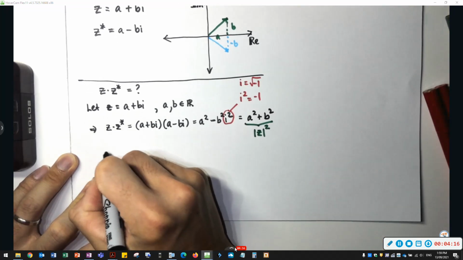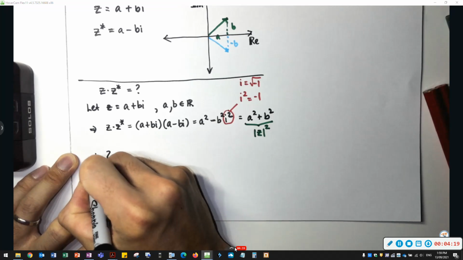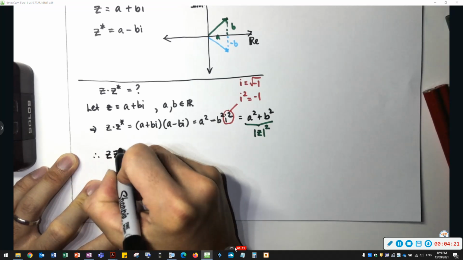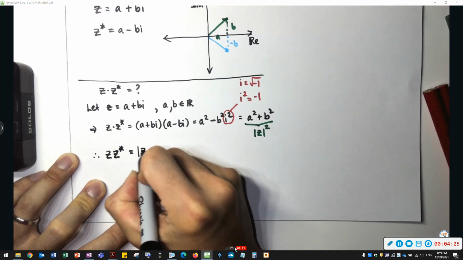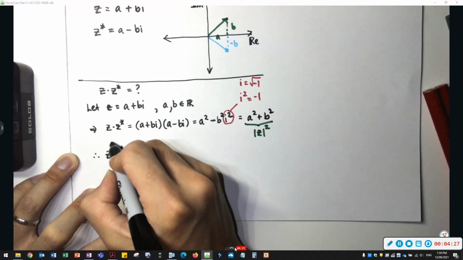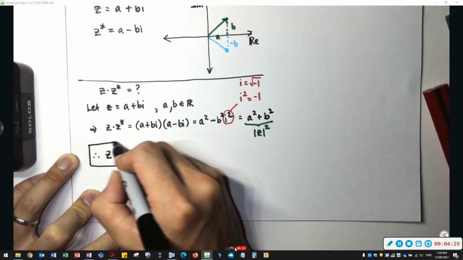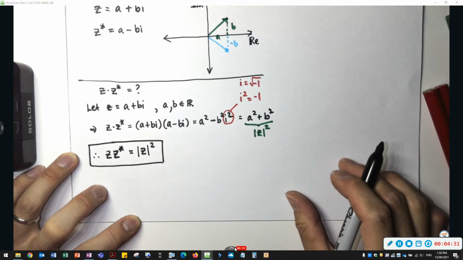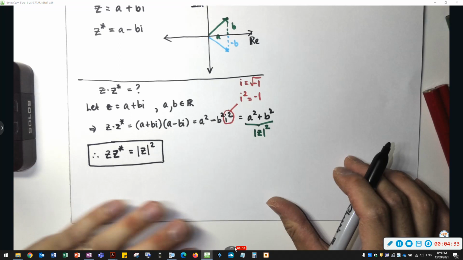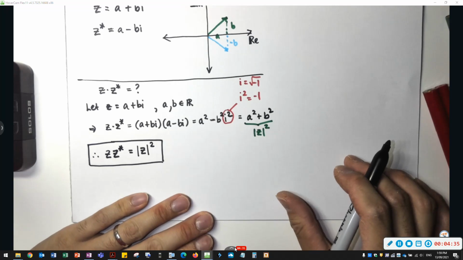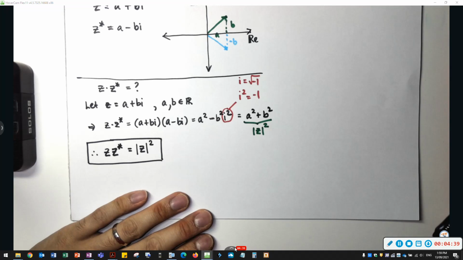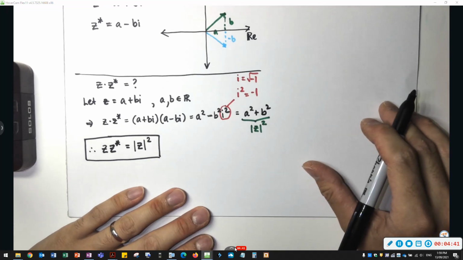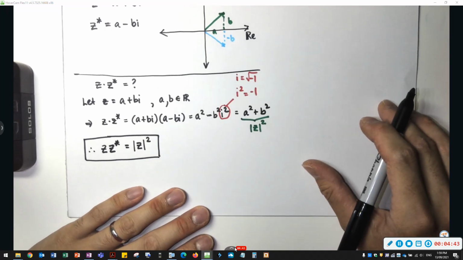So z times z star is equal to the square of the modulus. Okay, so that is a property that is useful to know. In fact, for some proofs, they'll require you to see that. Okay, so you do need to know this.